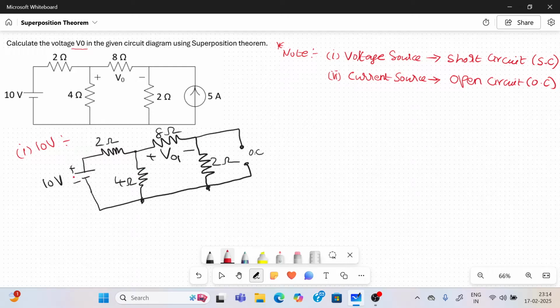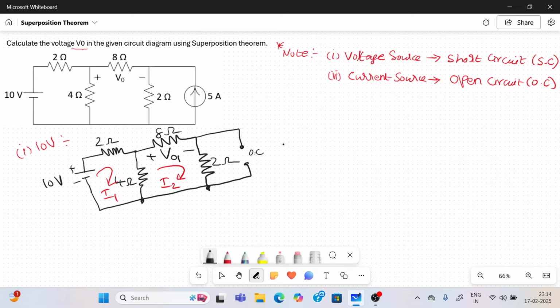So how many meshes? This is mesh 1, I will assume the current as I1. This is mesh 2, current I2. But this other part is not a mesh because it is open; there is no current flow here. So this problem has only two meshes.